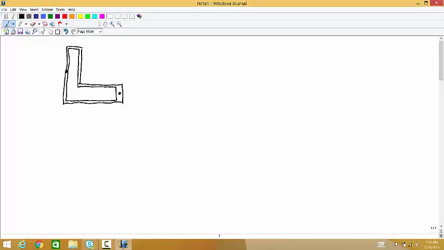Call those A and B. When you calculate the shear stress due to torsion at A, that's going to be negative T over 2 times 0.001, because that's the wall thickness there, A median.